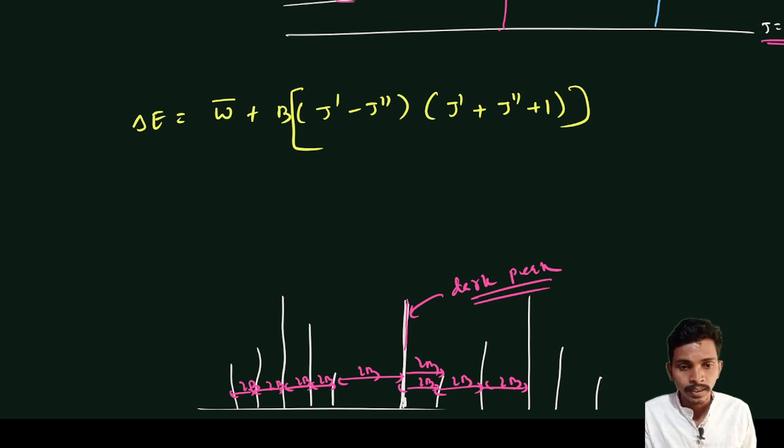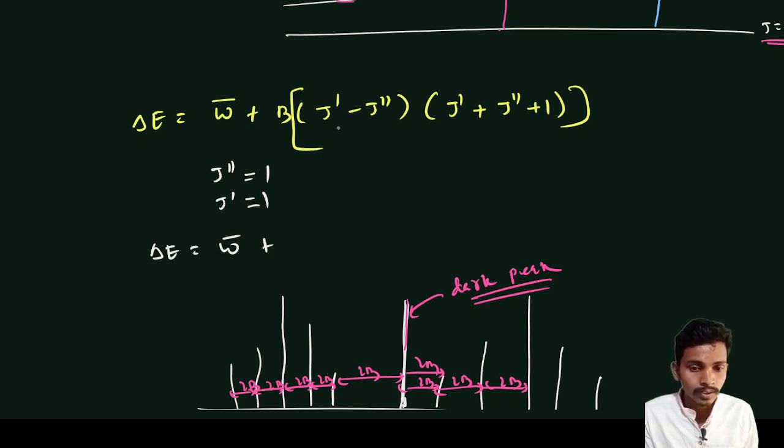So now if I take a value of j, so j dash equal to 1, and j double dash also I am taking 1, then this value will become 0. So here we get delta E equal to omega naught plus 0, because 1 minus 1 is equal to 0. So if this value is 0, then the whole term will be 0. That is omega naught.